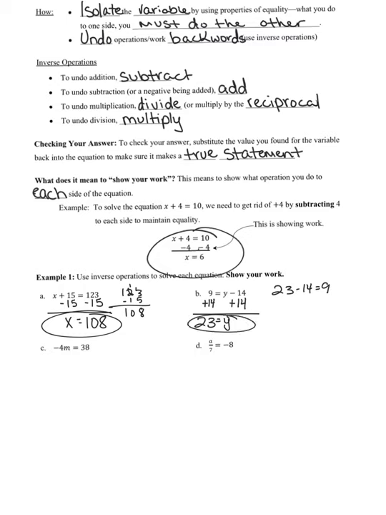C, we've got negative 4m equals 38. So the first thing we need to talk about is when we have a variable and a coefficient together, what operation does that mean? And in this case, this is saying negative 4 times m equals 38. So the inverse of multiplication here is division.